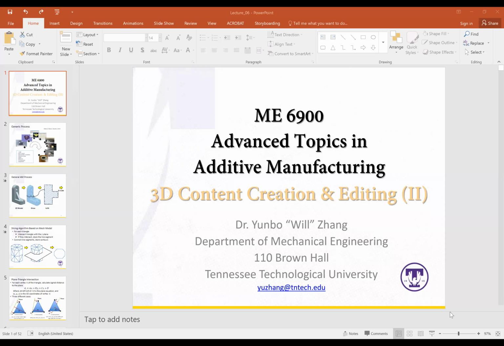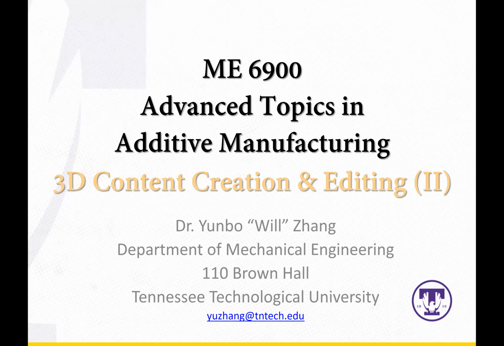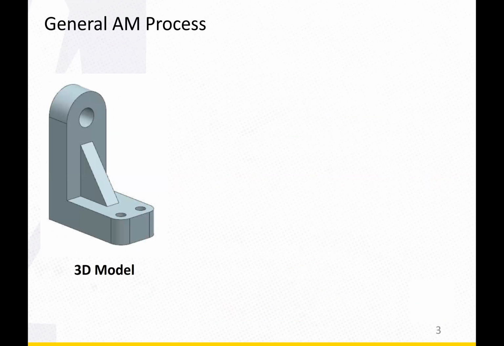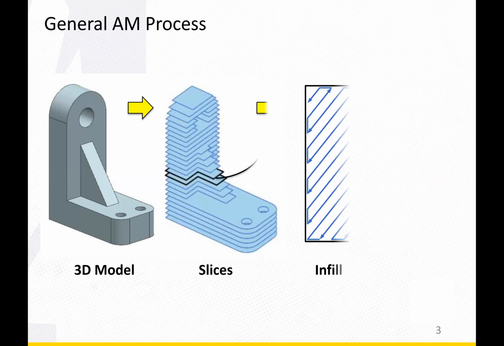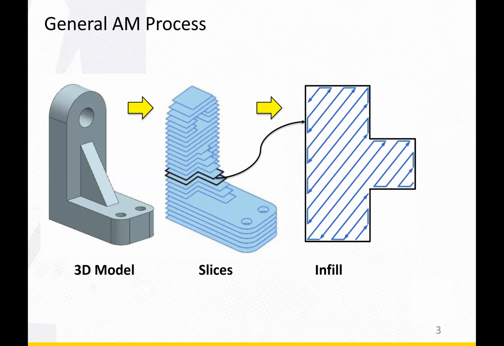All right. So let's check some details instead of just some general information for the 3D modeling, optimization, and simulation. As we mentioned, the slicing is the first step for an additive manufacturing process.